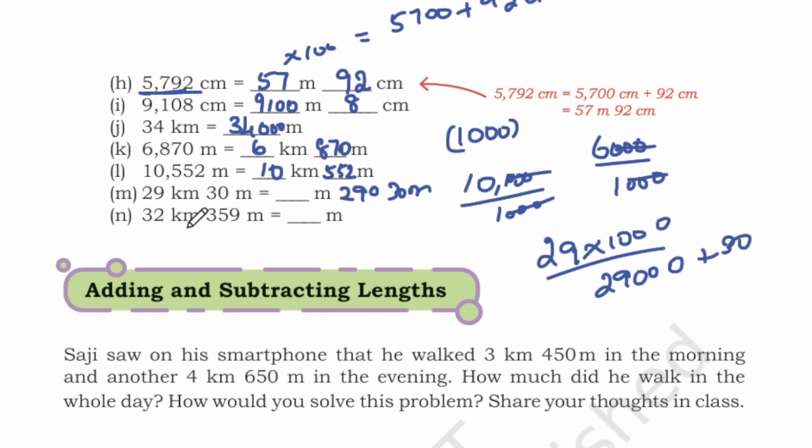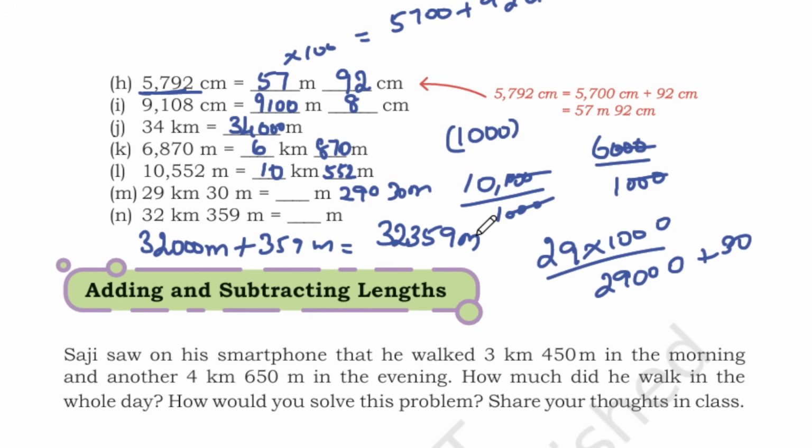Next you have 32 kilometers. Again, converting into meter, you have to multiply by 1000. So 32 into 1000 is 32,000 meter plus you have 359 meters, which is equal to 32,359 meters.